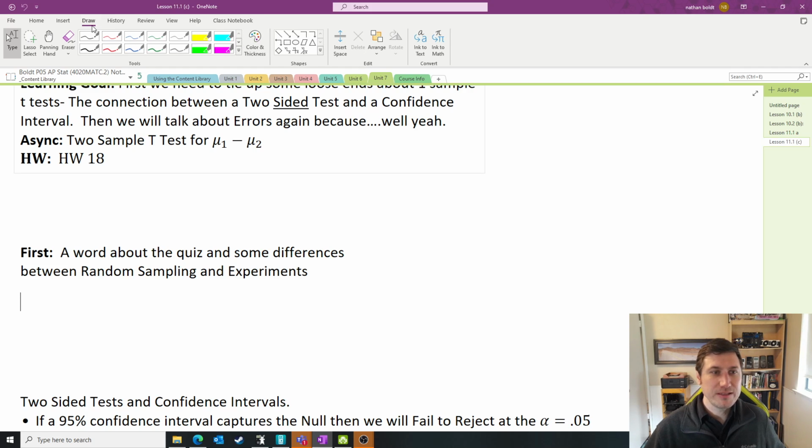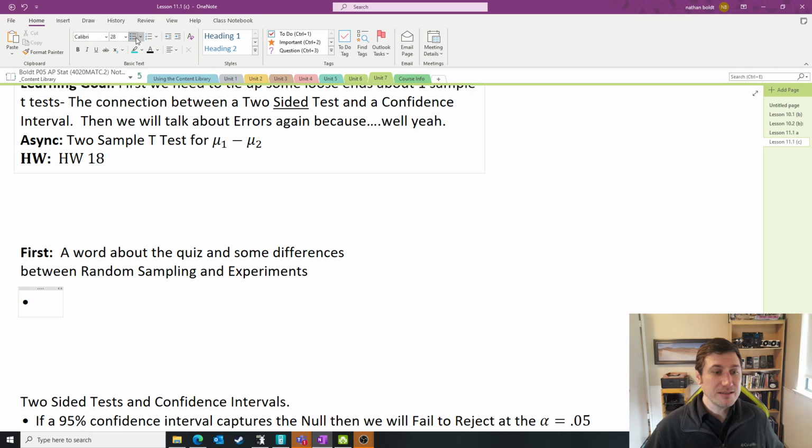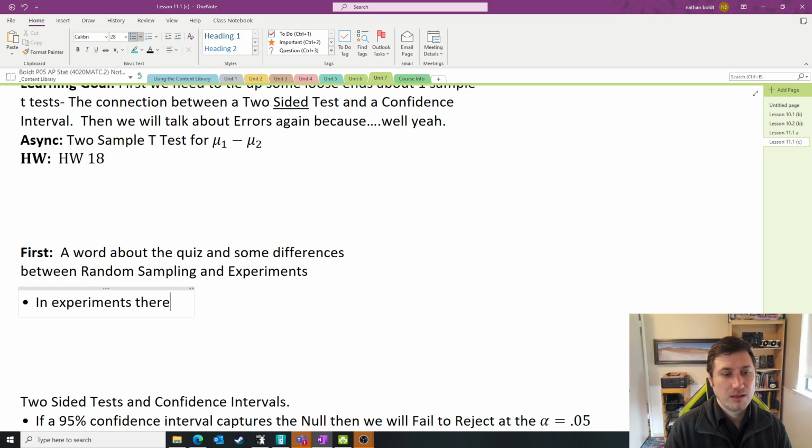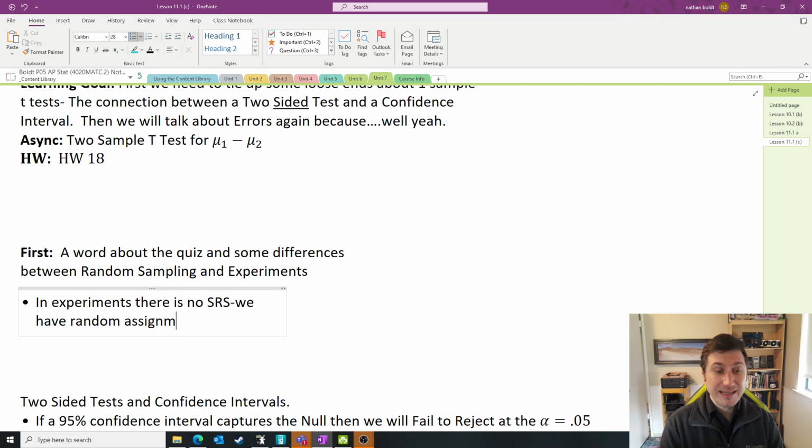All right, a couple of things about the quiz here. First, because it was an experiment, there is no SRS. There's no random sampling. It's not a random sample. We have random assignment instead.